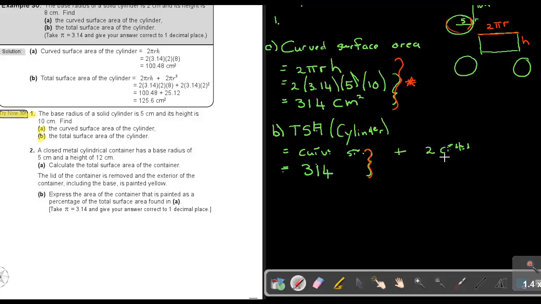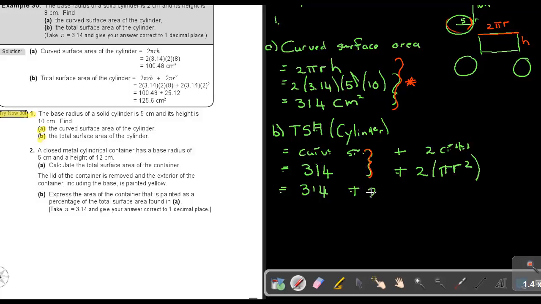Now your 2 circles. The area of a circle is pi r squared. Now I'm just going to fill in everything. It's 314, which I already have.